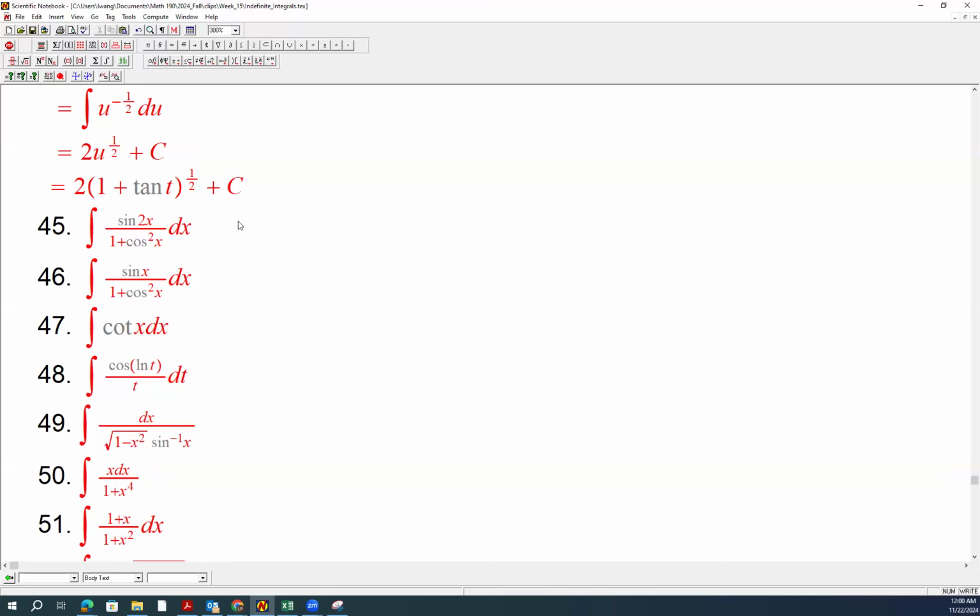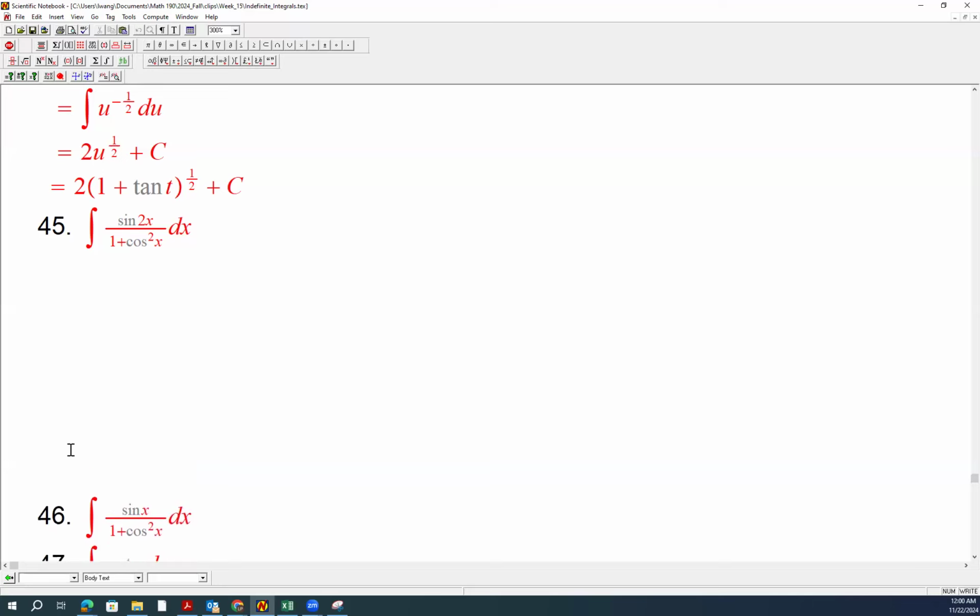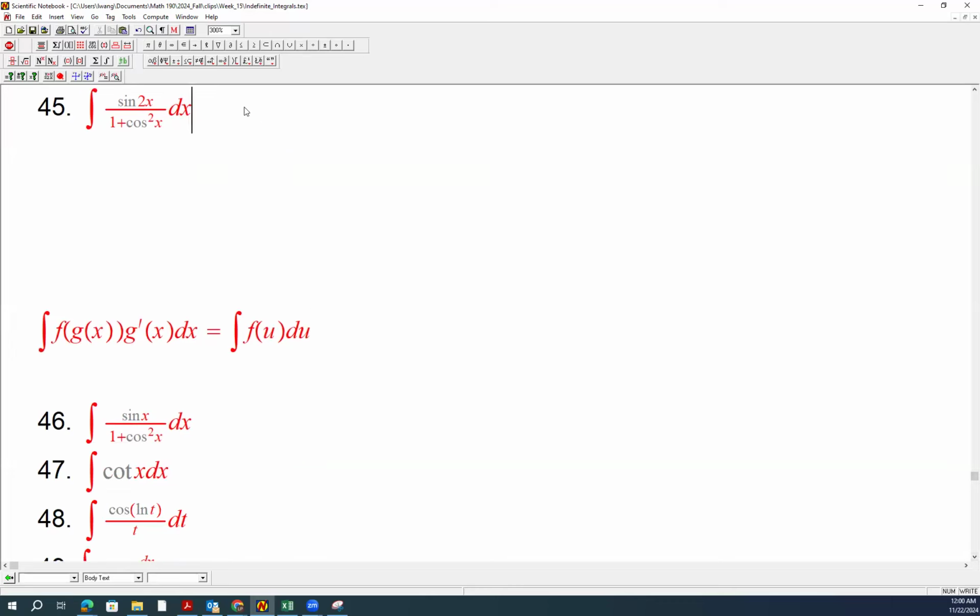Okay, 45. It uses some other facts in trigonometry. So we need to do this. This is the opportunity for you to improve your algebra, enhance your trigonometry. So it's all worth it.